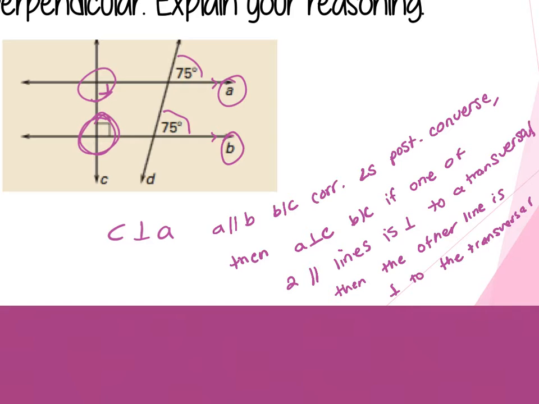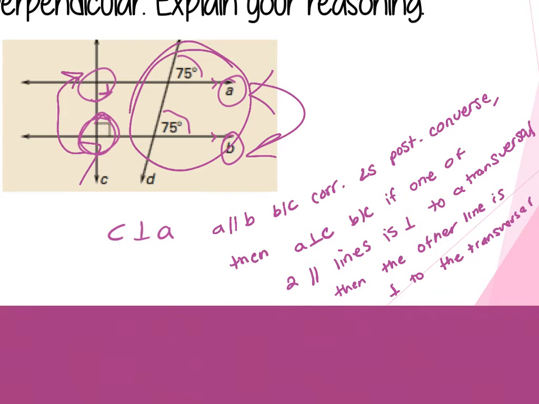You have to put both of them, because the corresponding angles postulate gets us that they're parallel, right? But then the second theorem gets us that if these are parallel, then they're perpendicular. So this only connects this part of my graph.